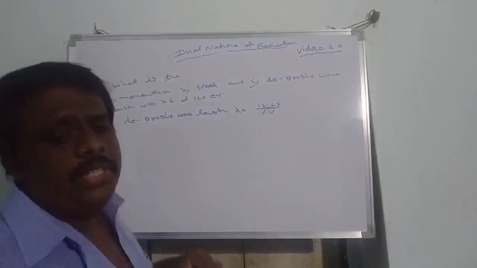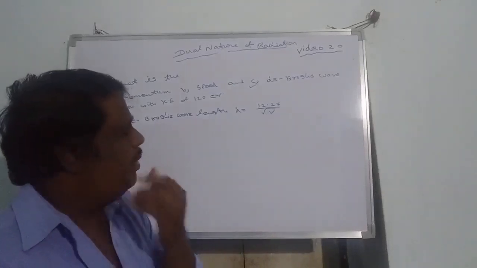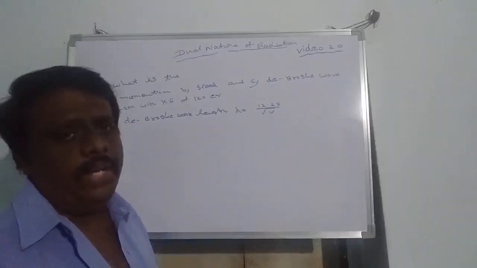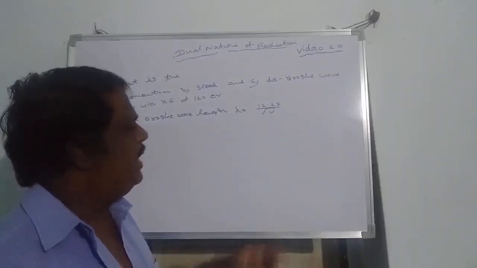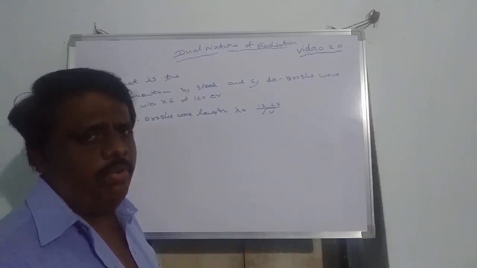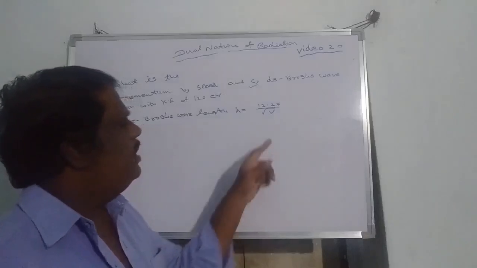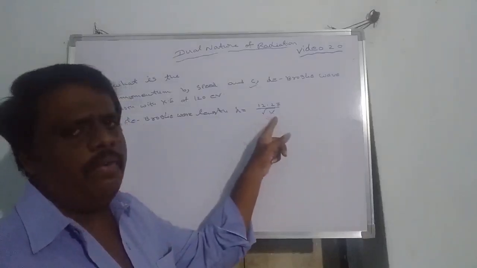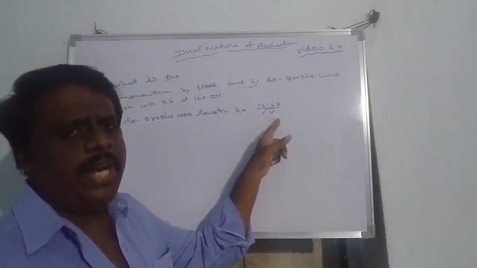In the previous class, from the Davisson and Germer experiment we concluded that the critical voltage is 54 volts generally if it is not given, and the angle of scattering is 50 degrees.